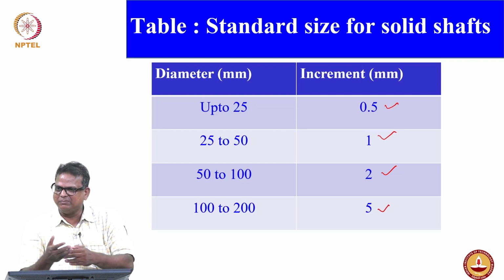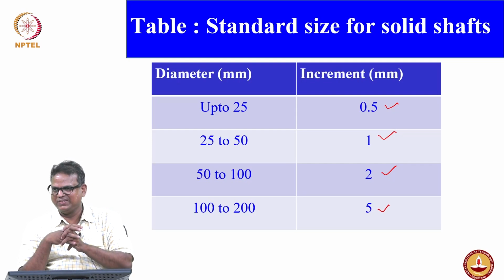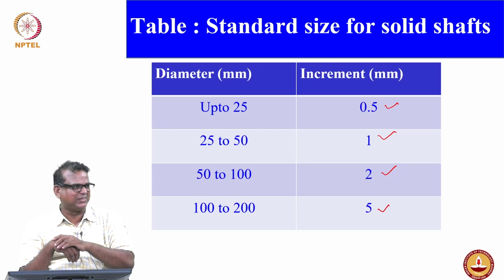Is there any method to check whether whatever we have done so far is correct or not? There should be a way, right? Yes, Arshia. Factor of safety, we are giving a factor of safety, right?